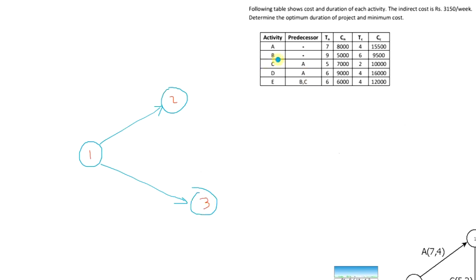Then for C, let this be A and this be B. For C, A is the predecessor, and for E also C is a predecessor. For D also A is the predecessor. So let us draw this D.